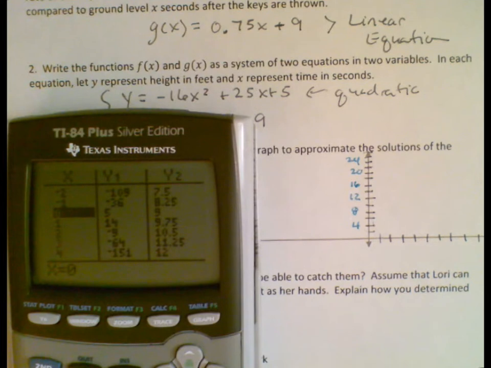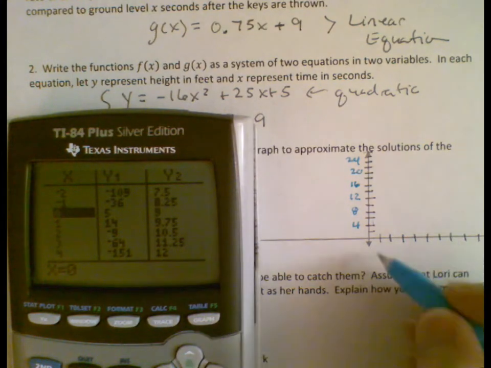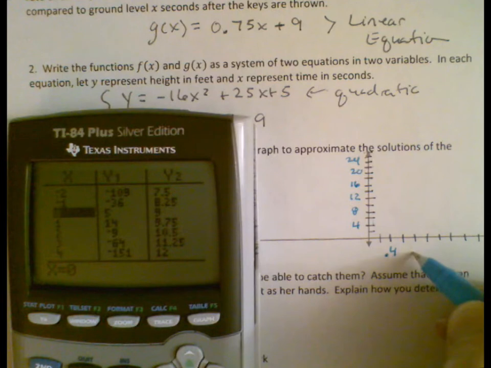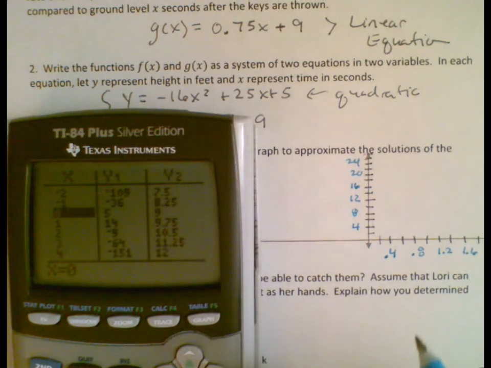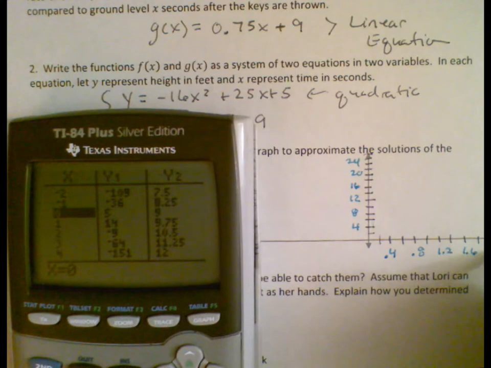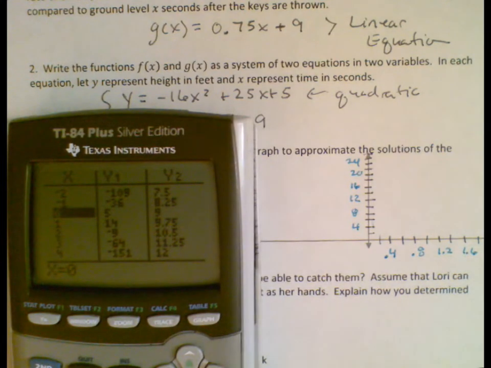And then on my x scale, we're just going to go by 0.2. So that's 0.4, 0.8, 1.2, 1.6, and 2.0.